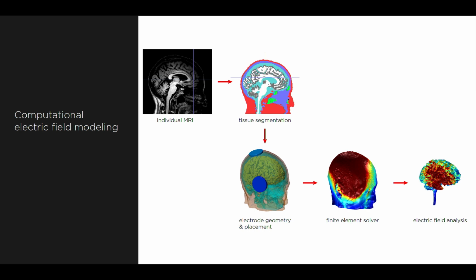The typical workflow has to do with taking an individual MRI, segmenting the MRI into different tissue compartments, and building a 3-dimensional representation or a mesh model from that individual subject, on which you can draw in electrodes or TMS coils, and you would then solve for the electric field distribution using a number of numerical methods, for example, finite element or boundary element methods. This way, you end up with an electric field distribution in a 3-dimensional representation of that individual subject's brain.